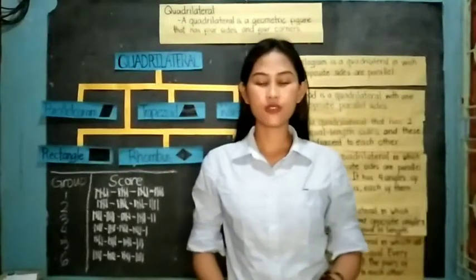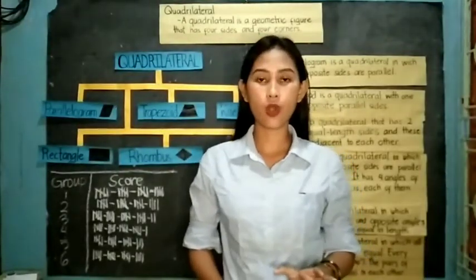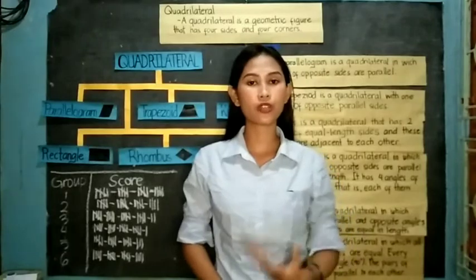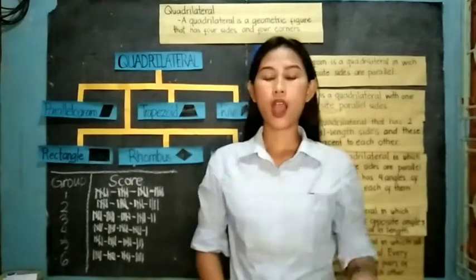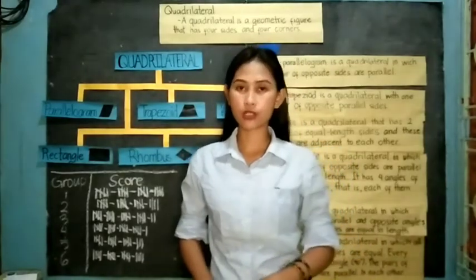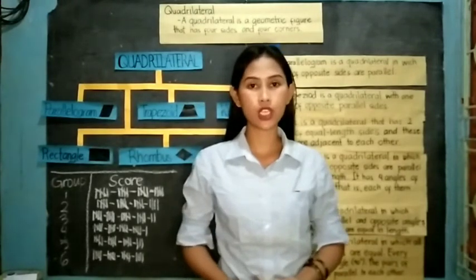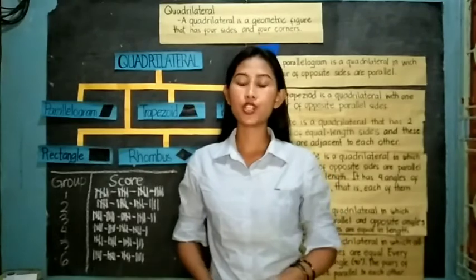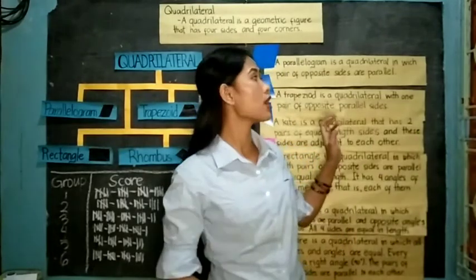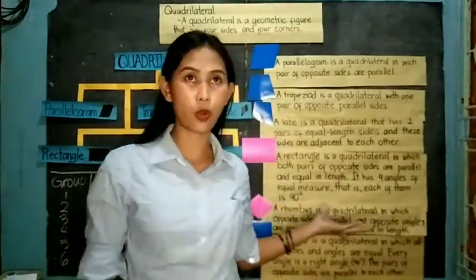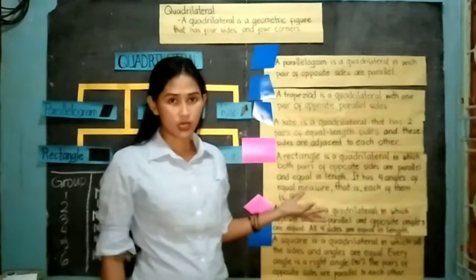For our next activity, you are going to draw a scenario in which all the quadrilaterals are present. I will provide the drawing materials and I will give you 10 minutes to finish the task. Then you are going to paste your drawings on the board and discuss them to the class.